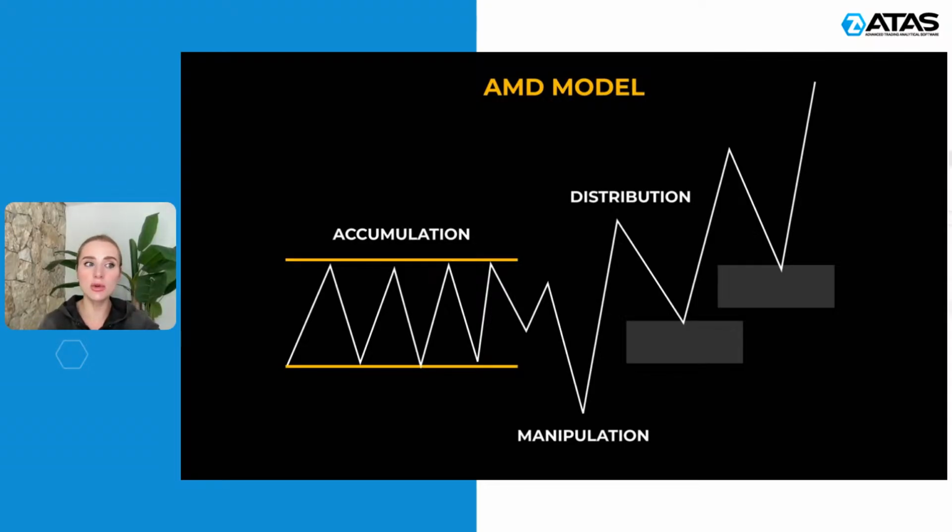The signs of distribution are the following. It clears out the range, so it gets outside the range. Previously, it went in the opposite direction to manipulate the market and kick the stop losses out. Manipulation is characterized by a spike of volume, while distribution is characterized by steadily increasing volume along the trend.